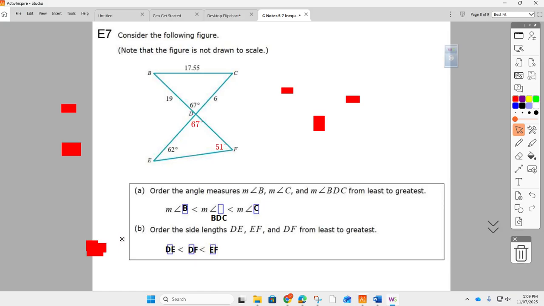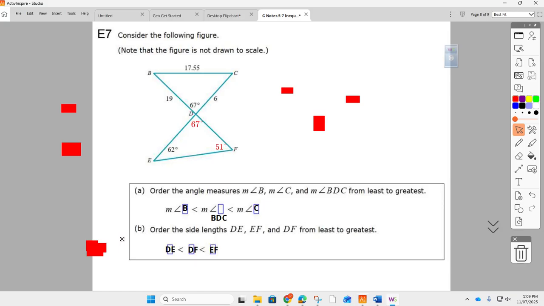Why did I go off of 67? Oh, we did go off of 67. We just went from smallest to greatest instead of greatest to smallest. We started with 61 and did the smallest side. Then we did 62, which was across from the medium side.